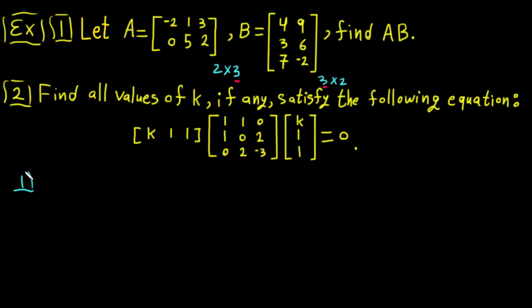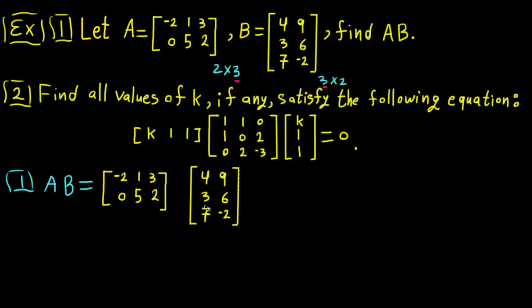So question 1, the answer. We will solve this one. A multiplied by B, which is the matrix A, I will take it, multiplied by B, which is this one. This matrix has 2 rows and 3 columns, so 2 by 3. And this matrix has 3 rows and 2 columns, so 3 by 2.